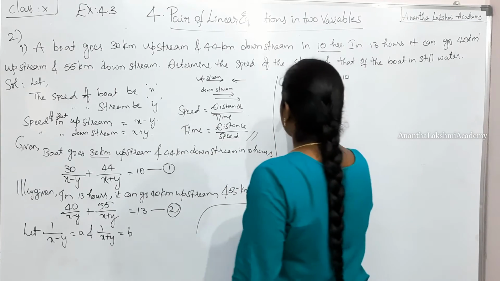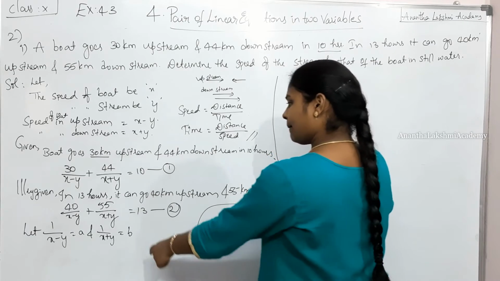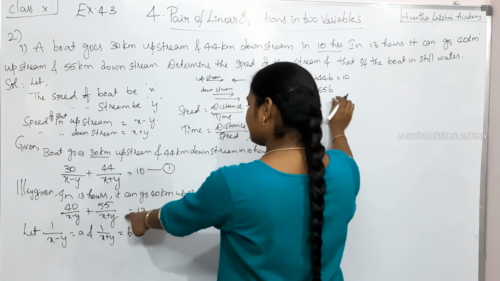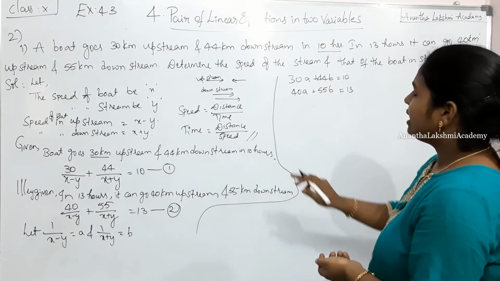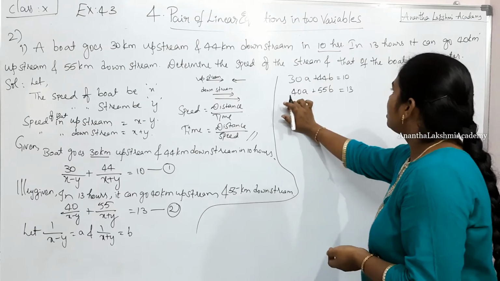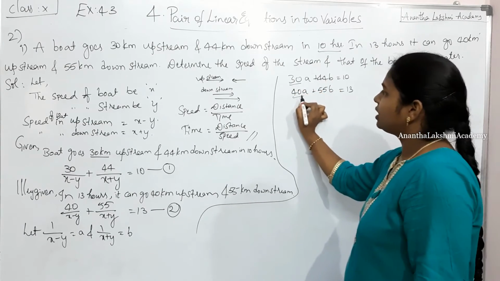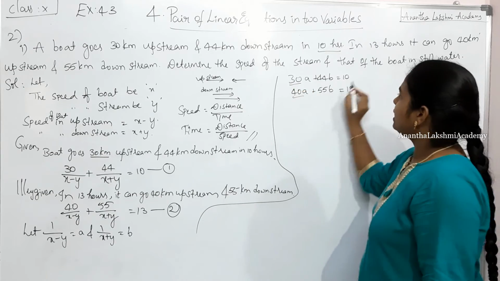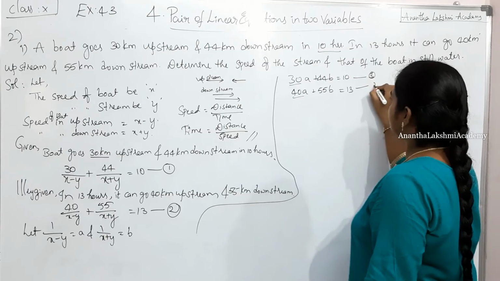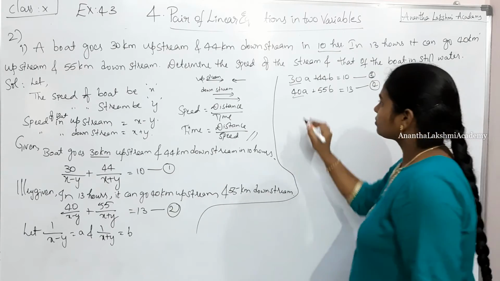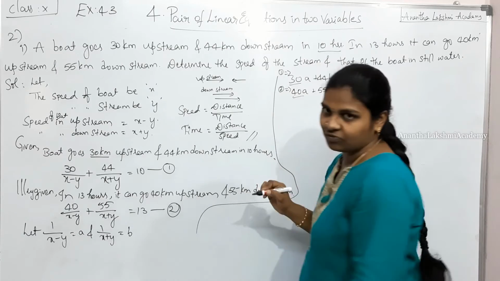Next, 40a plus 55b is equal to 13. Let me consider these as equations 3 and 4.